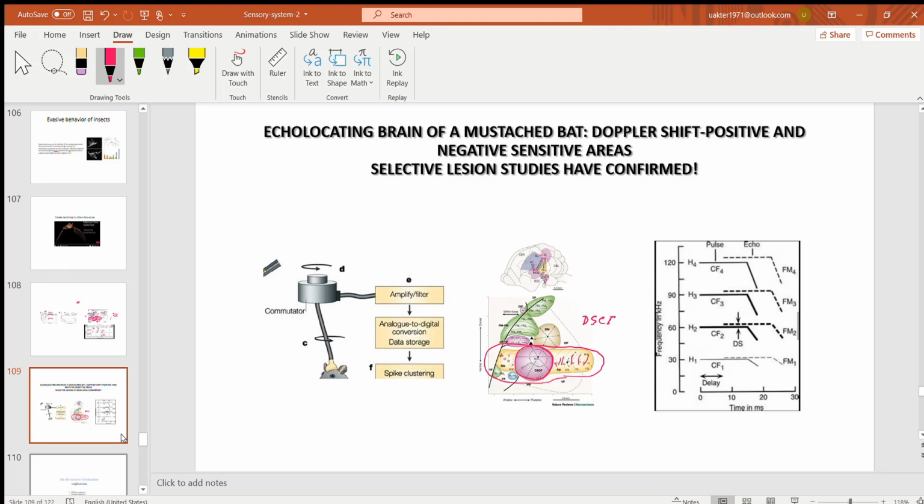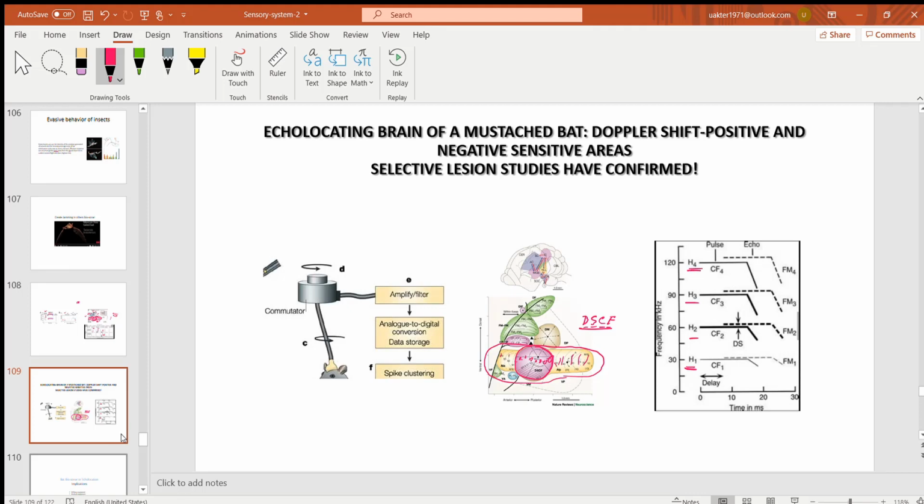You know Doppler shift, I explained, and also constant frequency. This is the area where the neurons will detect the Doppler shift, the difference of frequency of pulse and echo. So here again you see, I told you 4 harmonics, H1, H2, H3, H4. From low to high, H1 is the lowest frequency and H4 is the highest frequency.